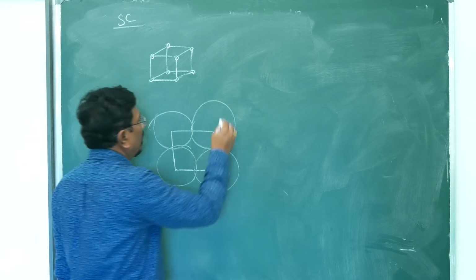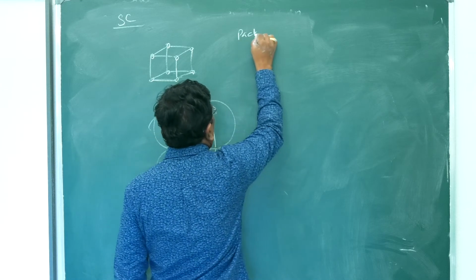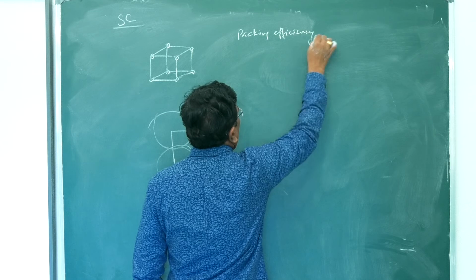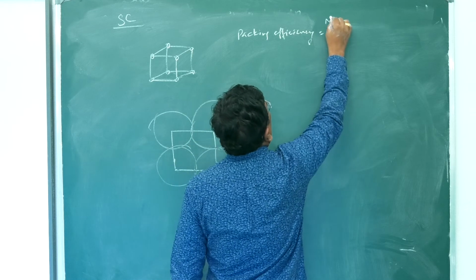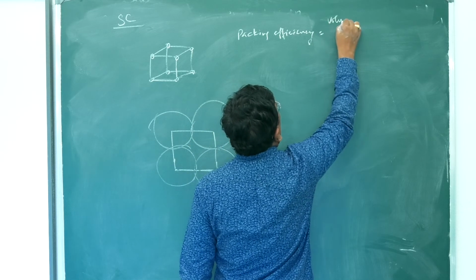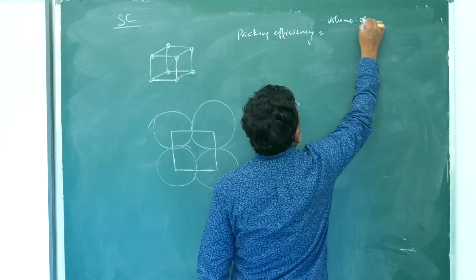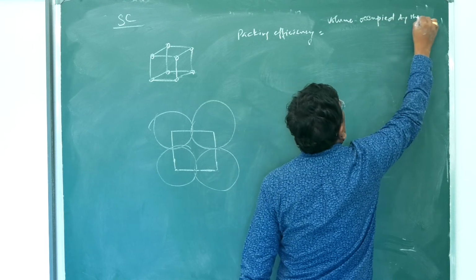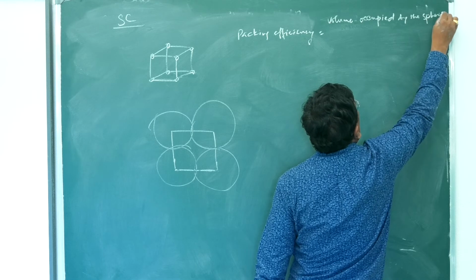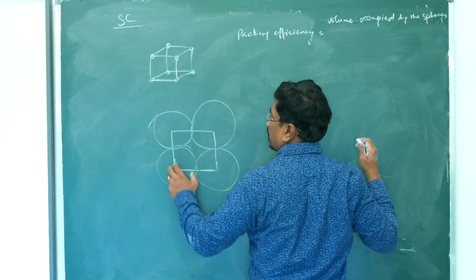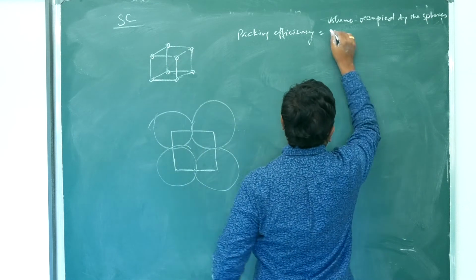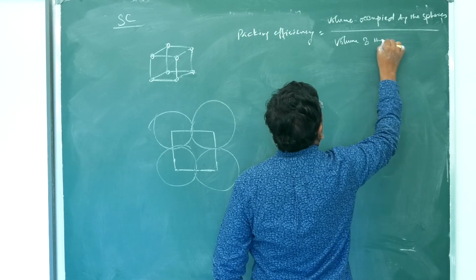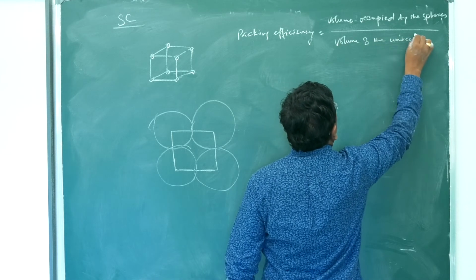So packing efficiency can be given as volume occupied by the spheres, nothing but by the atoms in the unit cell. These we consider spheres. Divided by volume of the unit cell.